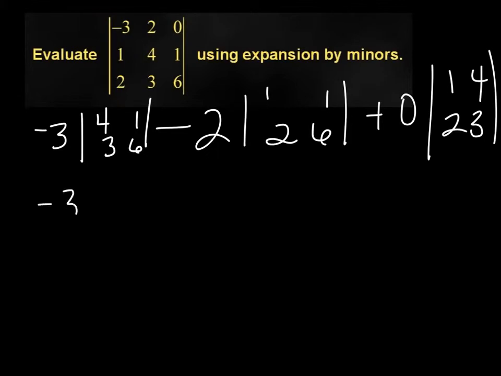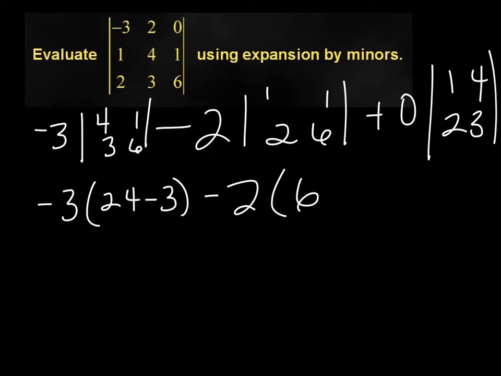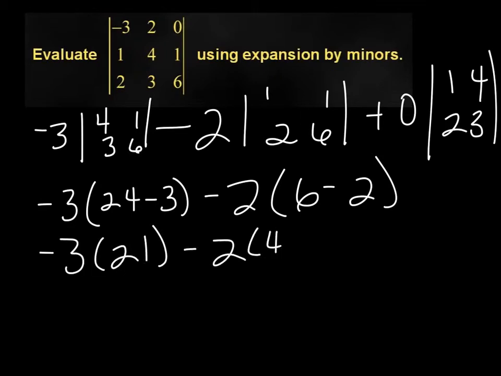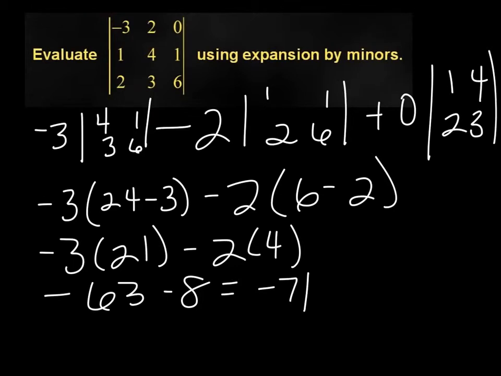So I've got negative 3 times 4 times 6 is 24, minus 3 times 1 is 3, minus 2 times 1 times 6 is 6, 2 times 1 is 2. So negative 3 times 21 minus 2 times 4. So negative 63 minus 8 is negative 71.